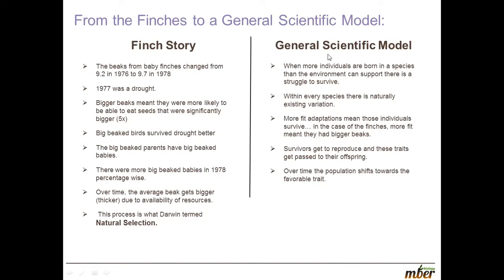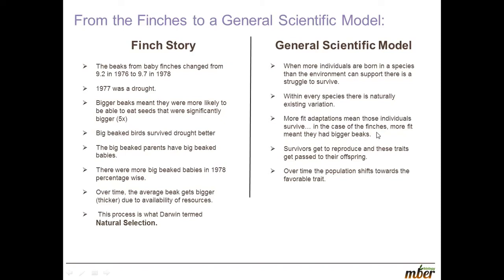So let's look at the general scientific model. When more individuals are born within a species than the environment can support, there is a struggle to survive. Within every species, there's a naturally existing variation. More fit adaptations mean those individuals survive.